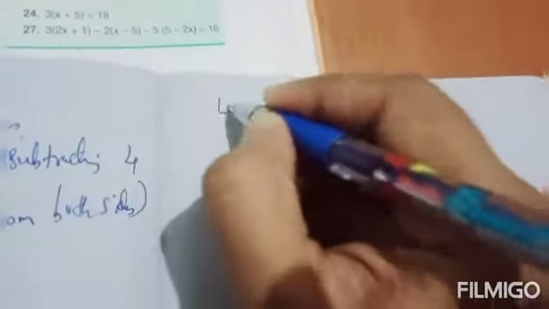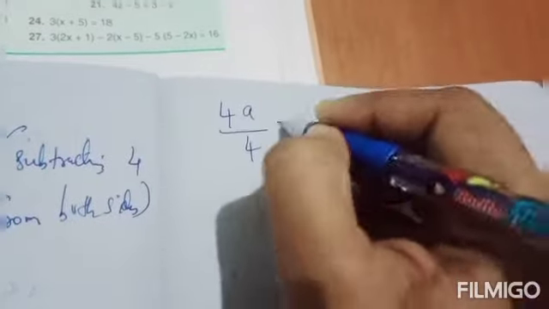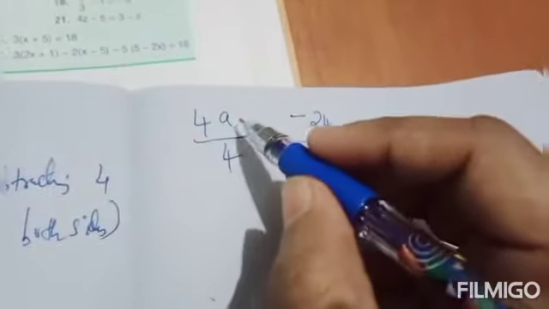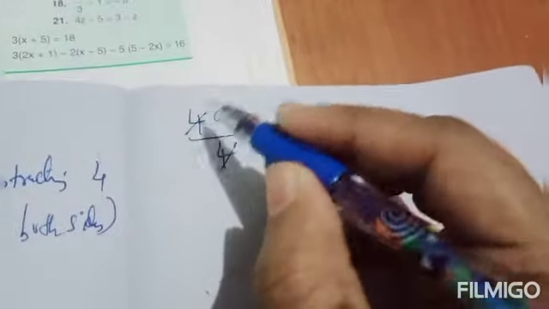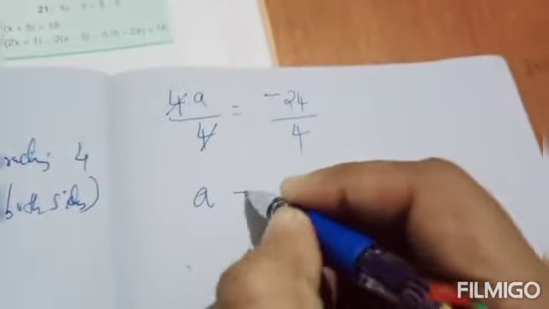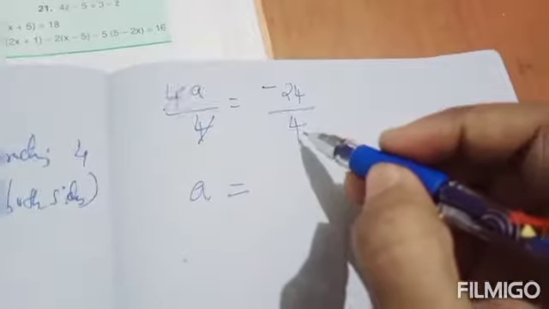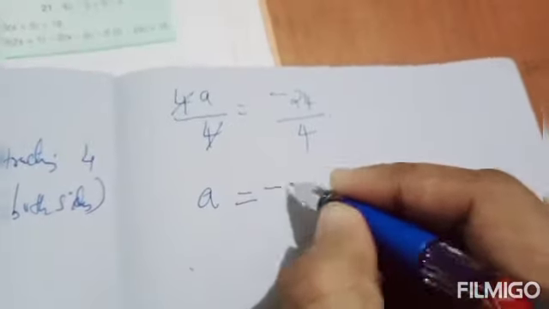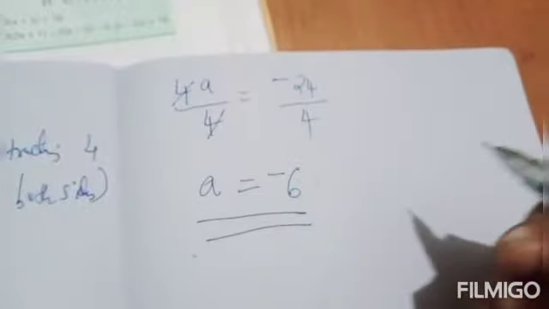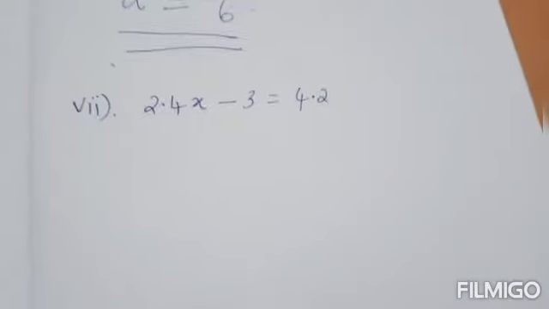So you will get 4a by 4 equal to minus 24 by 4. Now 4 divided by 4 is 1. So 1a, that means a equal to minus 24 by 4, it is minus 6. So the answer is a equal to minus 6.